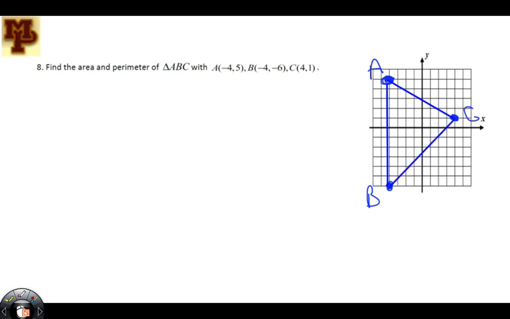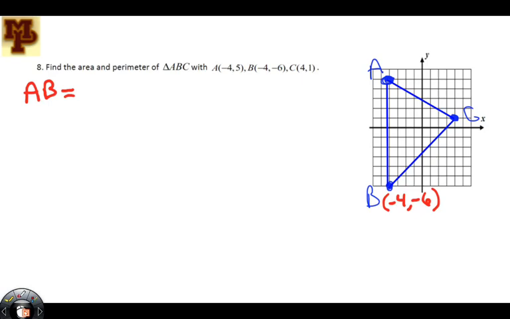Okay. So we want to find the area and the perimeter. So first we're probably going to need to find some lengths here. So let's find the length of AB. That one I would just count. I'm going to put the coordinates right next to it.